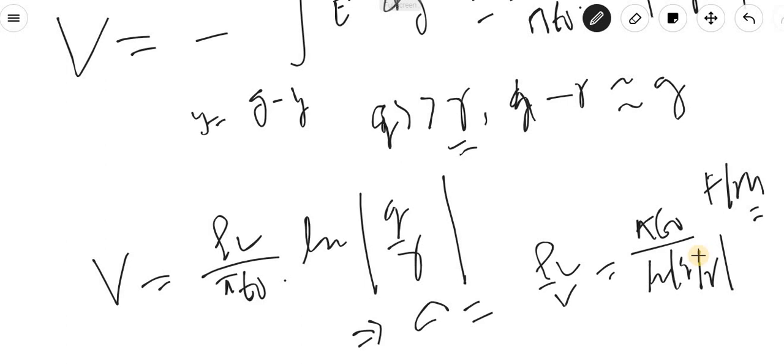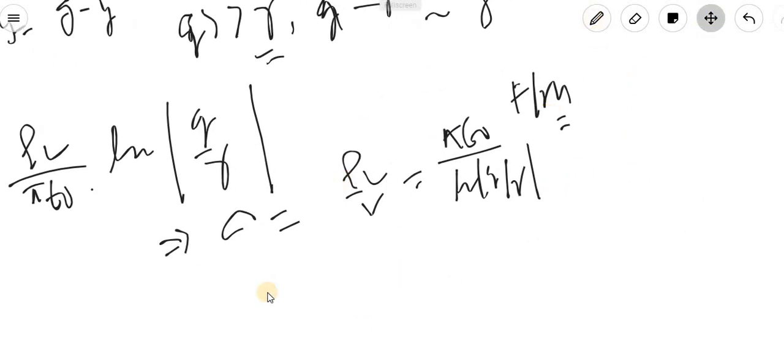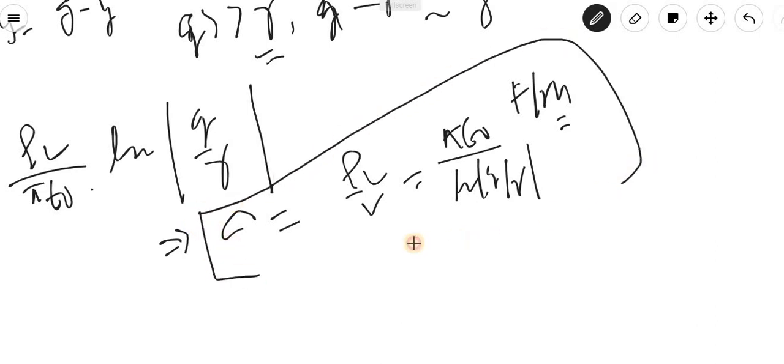So this equation gives the expression for the capacitance of a single phase transmission line. This equation shows the mathematical representation of a single phase transmission line.